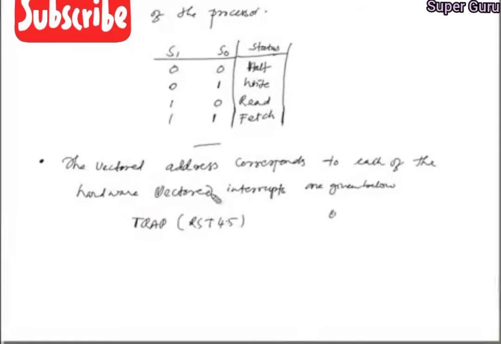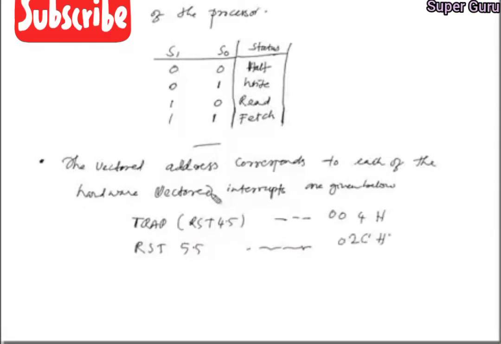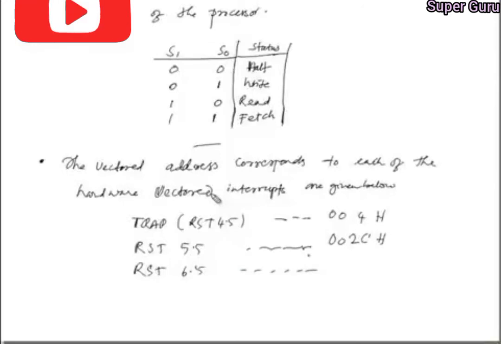The address is 0024H. Then RST 5.5 is 002CH. Then RST 6.5 is 0034H.